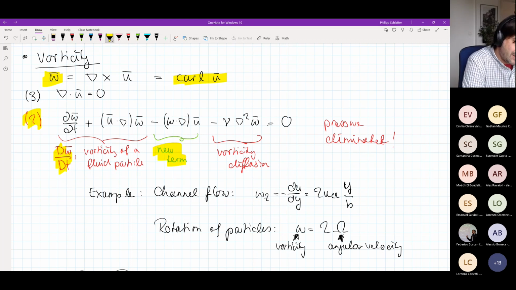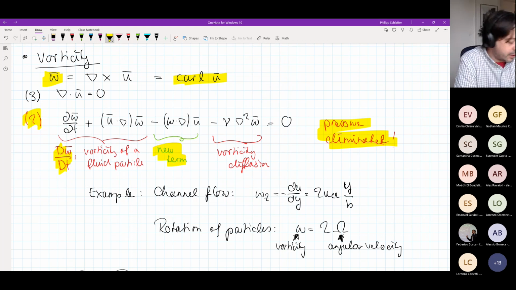This term is a slightly annoying term. Well, we will see how annoying it is, but it's a new term at least, which we don't really know what it is. But at the same time, we were able to eliminate the pressure from the equations. So there is no pressure in the vorticity equations anymore, which of course is a good thing.